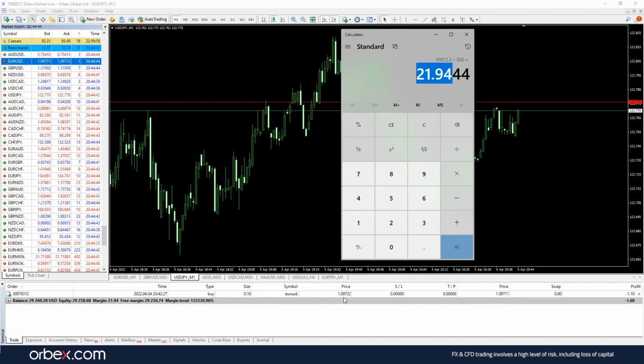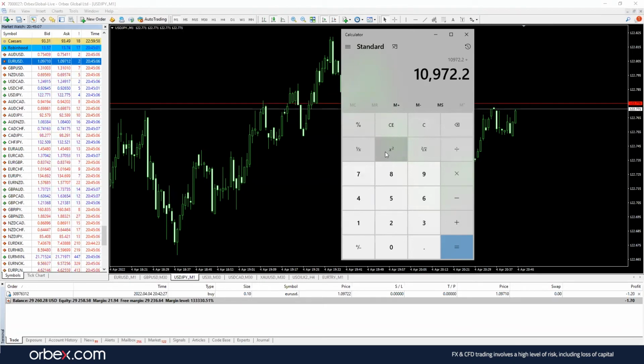So it's all calculated into an equation, and obviously the higher the amount of volume and the lower the leverage is, the more margin you'll need. If we go to the live example now, 10,000 multiplied by 1.09722 and then divided, let's say, by 1 to 50 leverage.